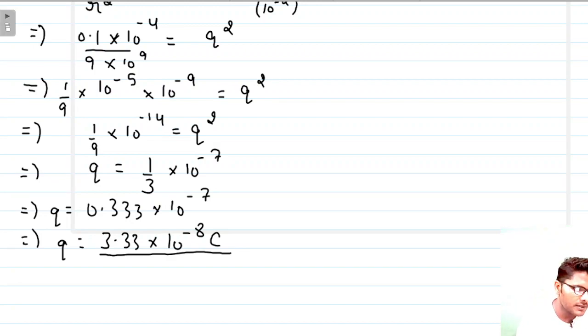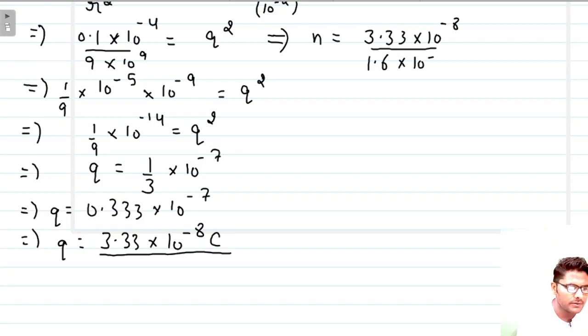For this much charge, how many electrons will have moved from one sphere to another? The number of electrons n should be equal to the charge that has moved, 3.33 into 10 raised to power minus 8, divided by the charge on a single electron, that is 1.6 into 10 raised to power minus 19.